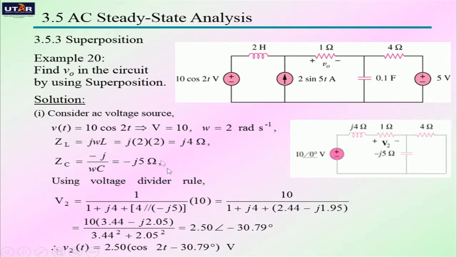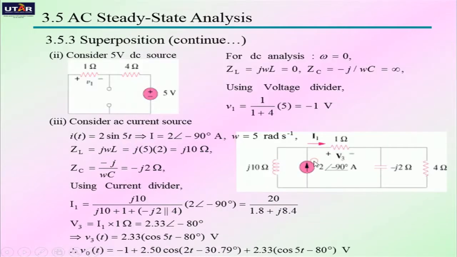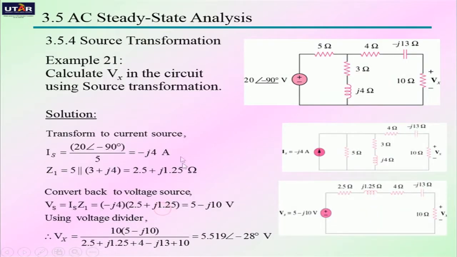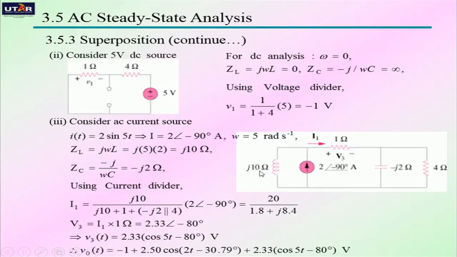By solving each of these circuits and adding up the voltage across the 1 ohm found from each, the total voltage is negative 1 plus 2.5 cosine(2t minus 30.79 degree) plus 2.33 cosine(5t minus 80 degree) volt.